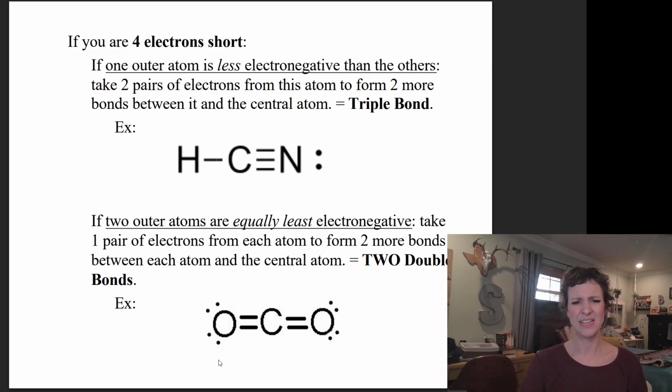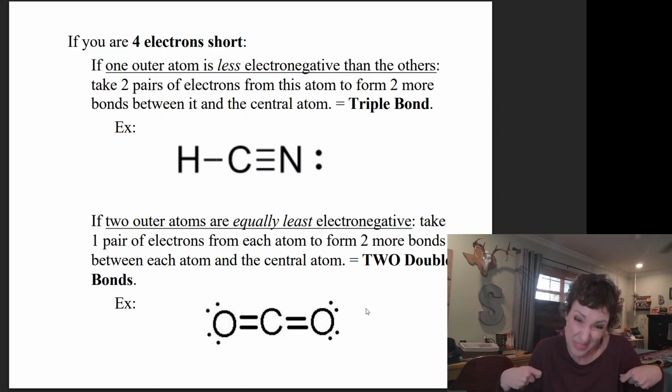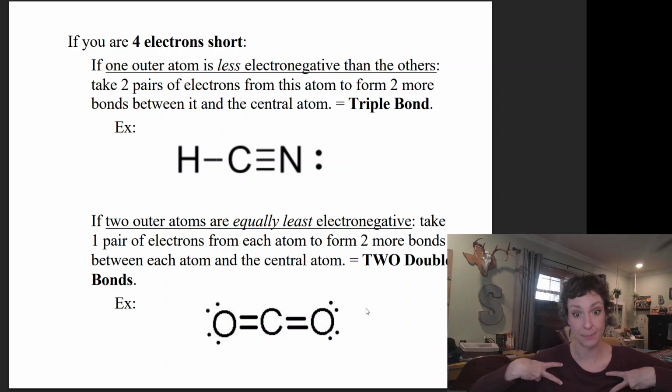But what if in this case, like carbon dioxide, both of those outer atoms are totally the same, so there's not one that is less electronegative than the other? Well, in that case, I'm just going to take a pair of electrons from each one and form 2 more bonds between each atom and the central atom. So I will be making 2 double bonds.